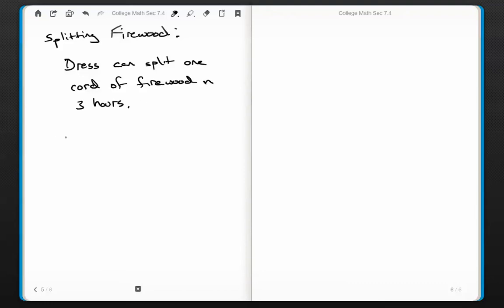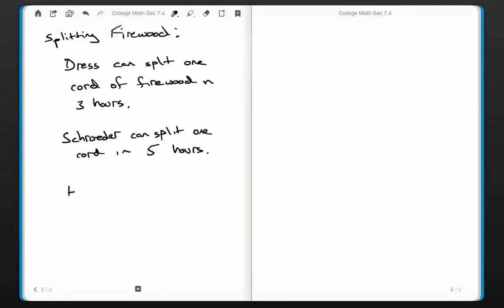Now I have a buddy named Schrader, firefighter actually, Madison firefighter, can split one cord in, well, let's say 5 hours. Nice guy, very smart guy, but I'm just a little manlier. I can split firewood faster than he can.